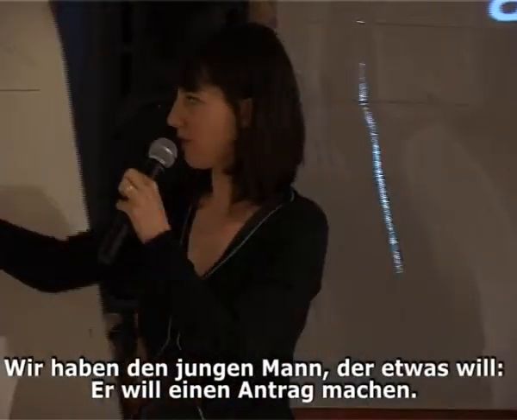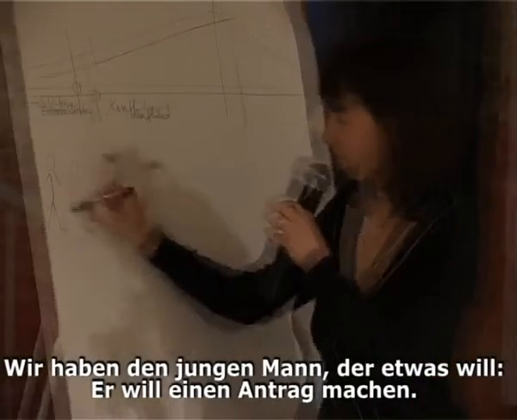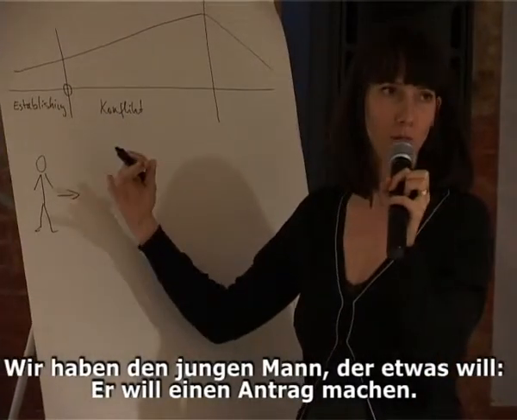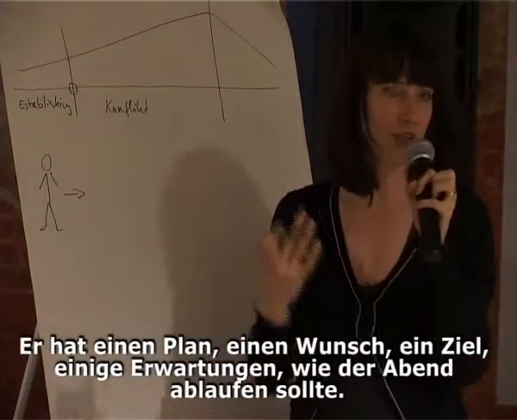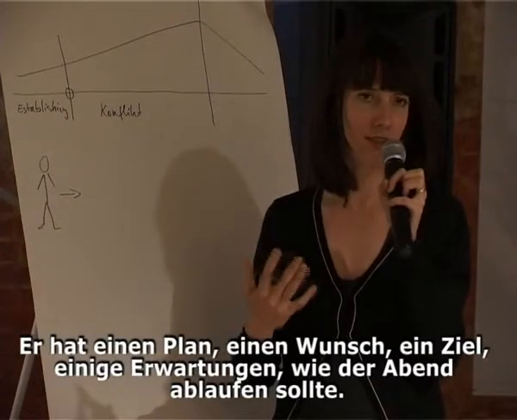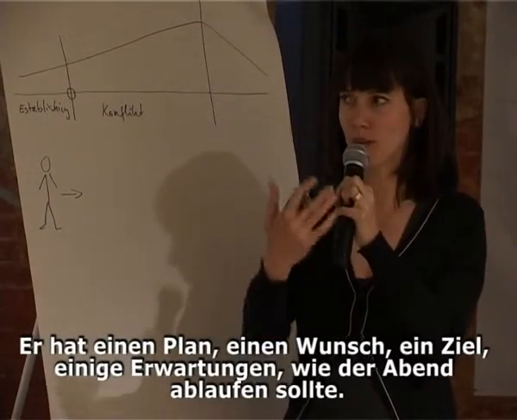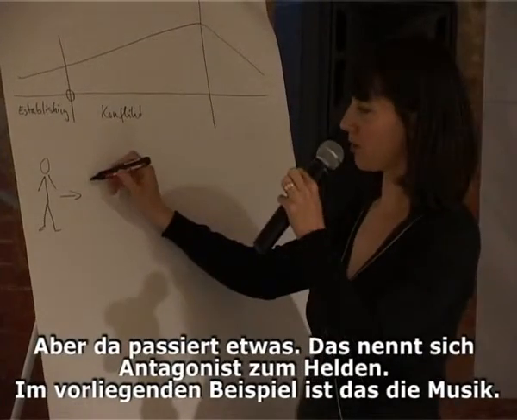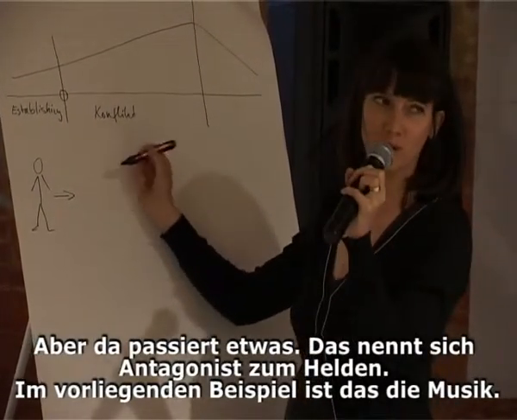So what is conflict about? We have the guy. He wants something. He wants to make a proposal. So he has an intention, a will, a goal, or he just has expectations of how the evening should go. But something is coming, and that's called the antagonist power.